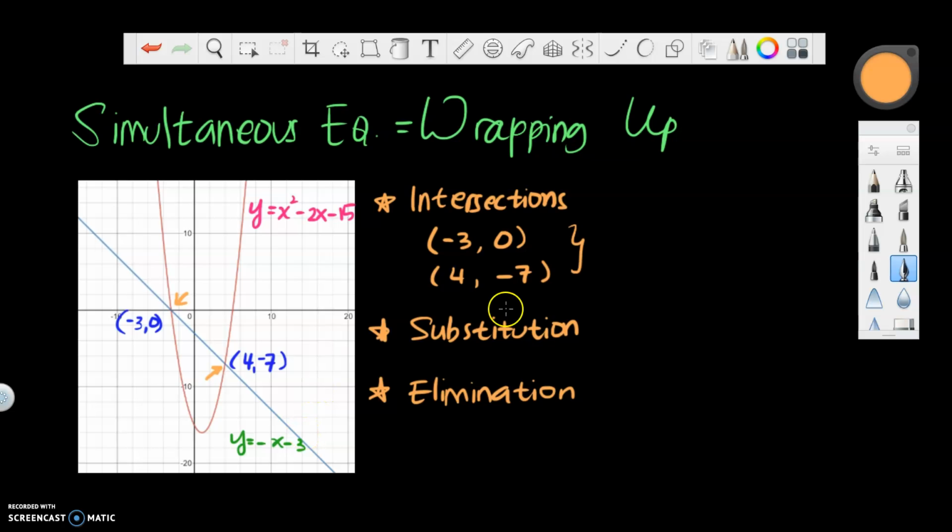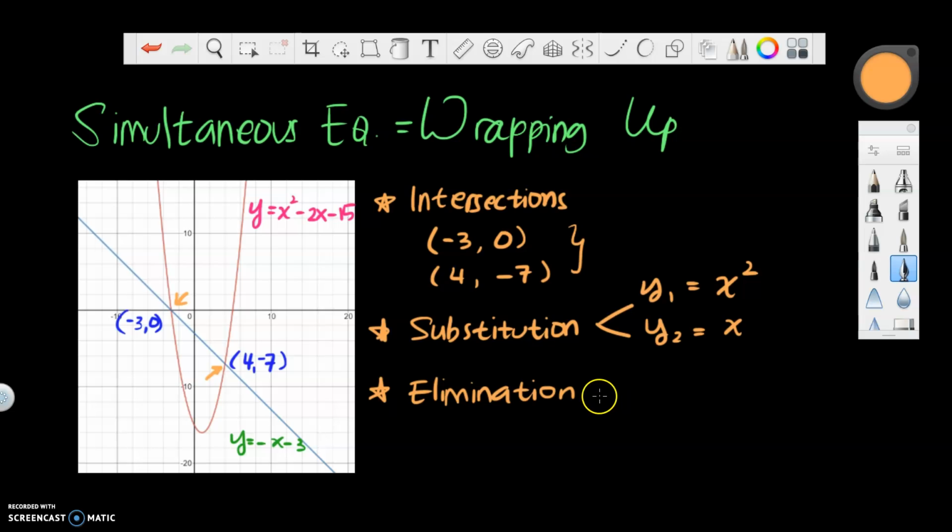For example, like you see on this screen, the first equation is x squared, and the second equation is just x. So the degree of x here isn't equal, so you have to use substitution, because if you use elimination, you cannot eliminate x between different powers.